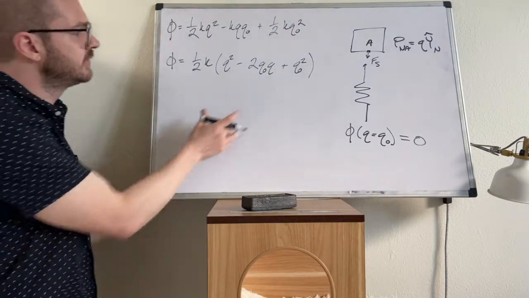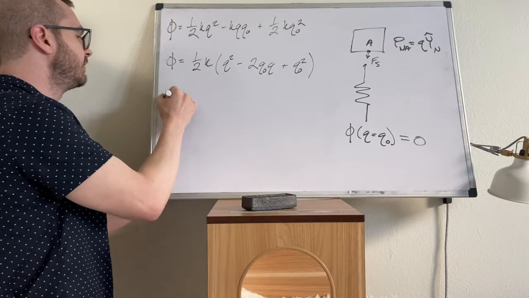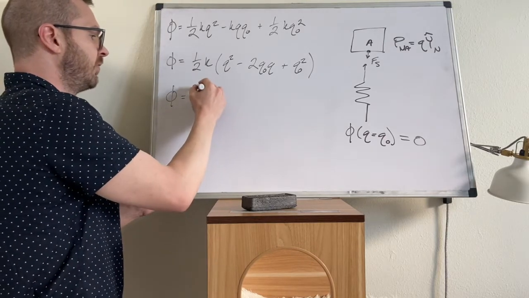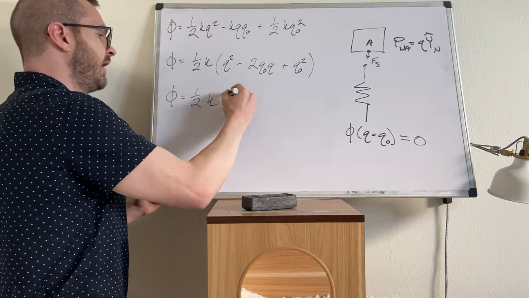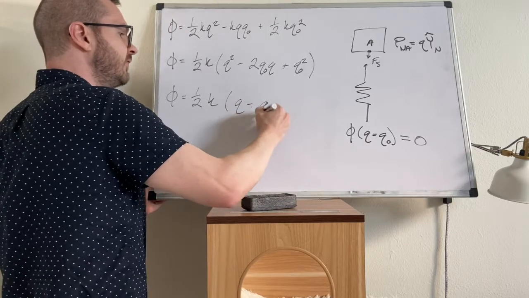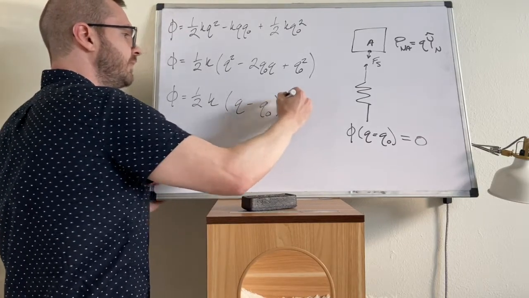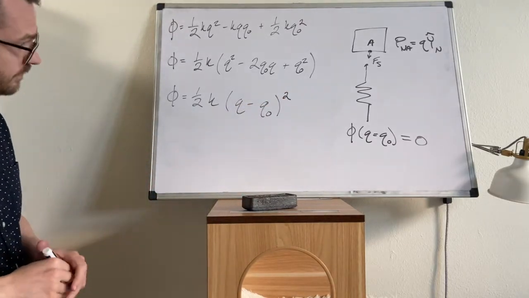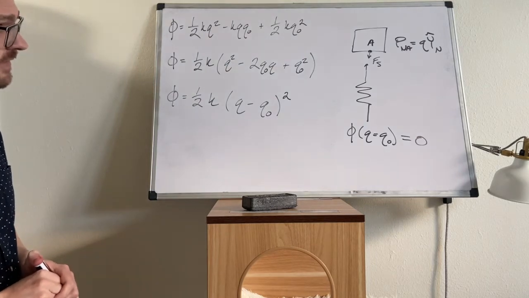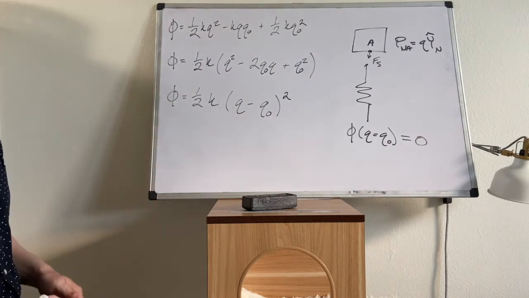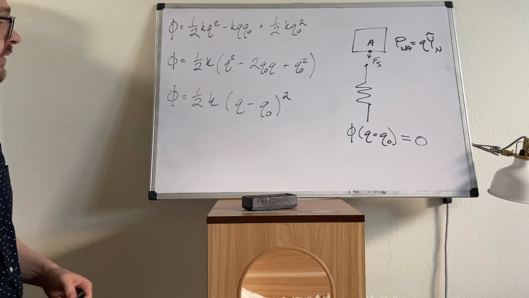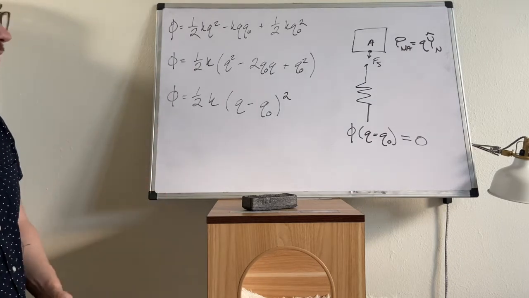And we can actually rewrite this such that our potential is 1/2 k times (q minus q naught) squared. And that's it. This is how you construct your potential energy expressions for springs. So think of the more difficult cases.